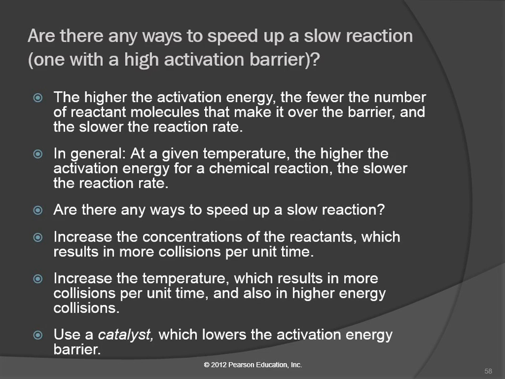A catalyst, yeah. At a given temperature, a catalyst is good. A catalyst lowers the activation energy barrier. That's like cutting the top off the hill. Makes it easier to get the ball over the hill if the hump is lower.